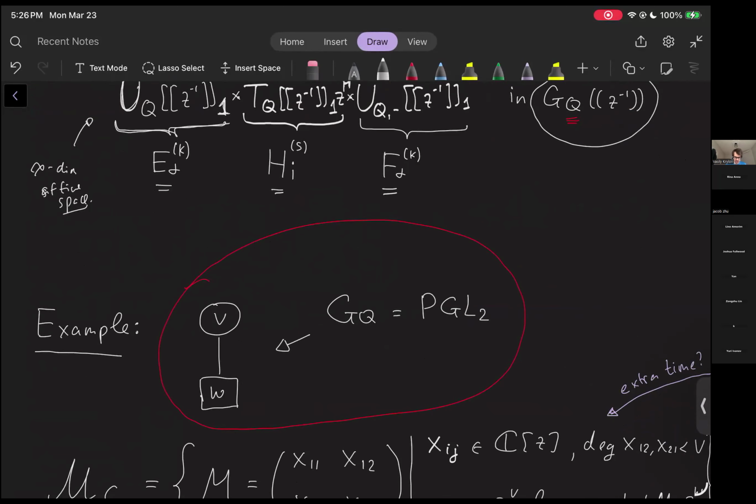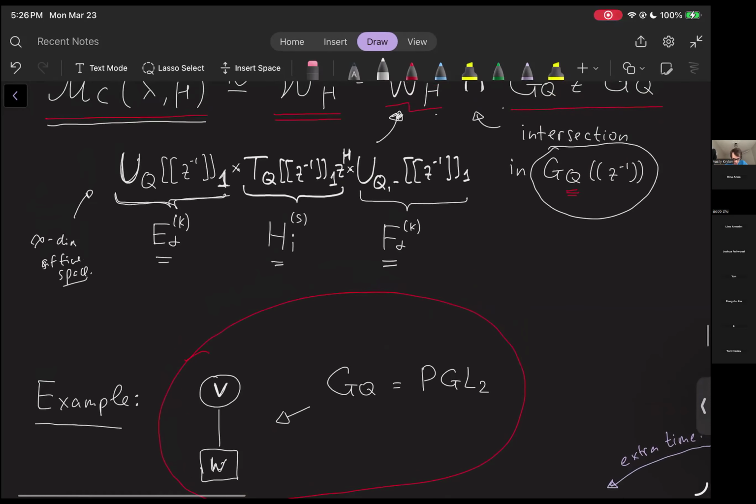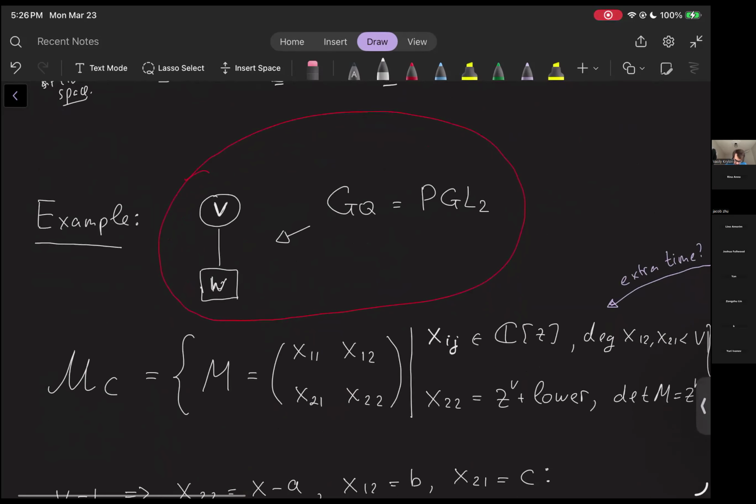So we are considering just the A1 quiver and we put V and W in it. And then if you just unravel this definition, you will see the following answer.